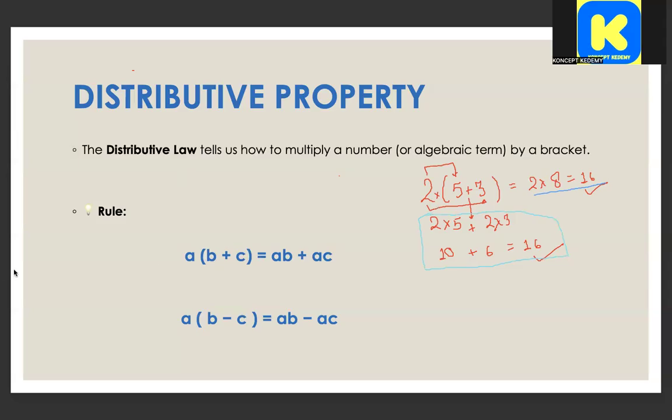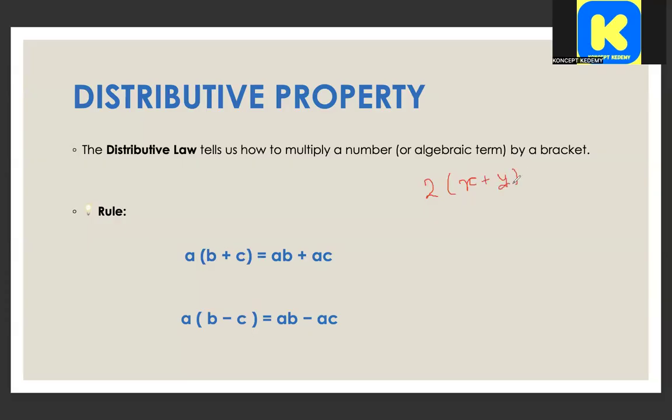Now, we cannot use the BODMAS way in algebraic expressions. Why? The question is why we cannot solve it that way. So I will give you an idea of it. Suppose that we have 2 into x plus y. Now I cannot add the x plus y, because x plus y is just x plus y.